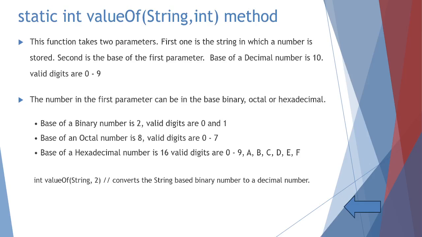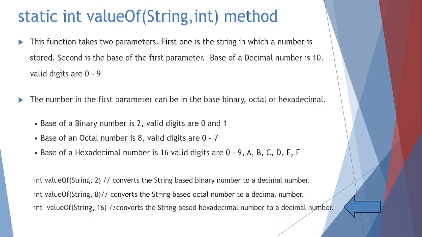That means the string based number's base is binary, and it converts the string based binary number to a decimal number. The second is valueOf(string, 8), meaning we are passing an octal number as a parameter. And valueOf(string, 16) means the string based number is in hexadecimal.